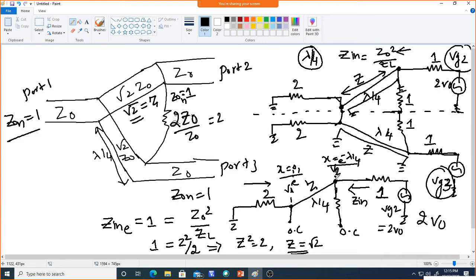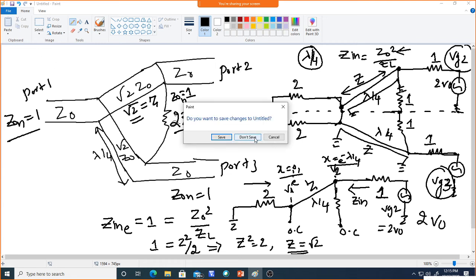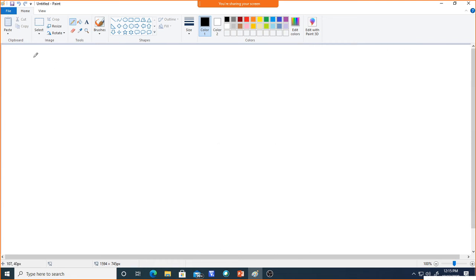I need to find out what is the voltage at this point and what is the voltage at this point. I'll find the voltage at this point using the transmission line equation. You can just use the transmission line equation for finding V2E. What is the transmission line equation?